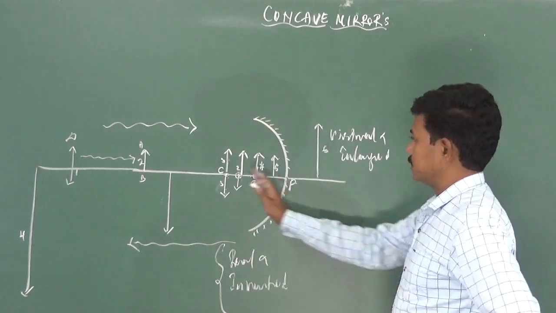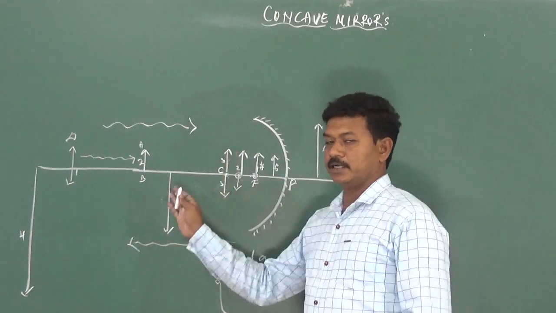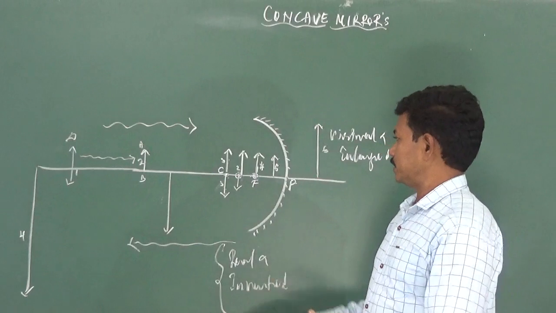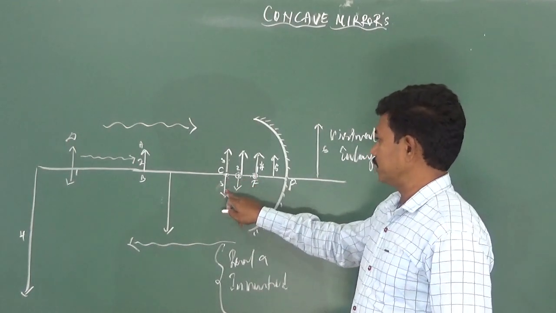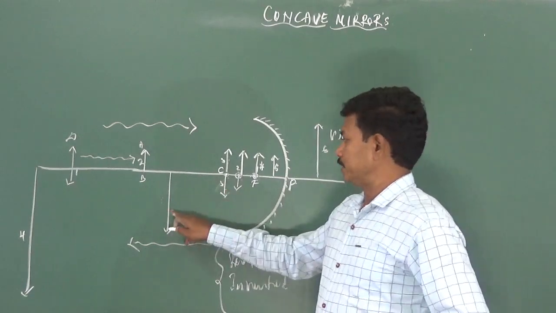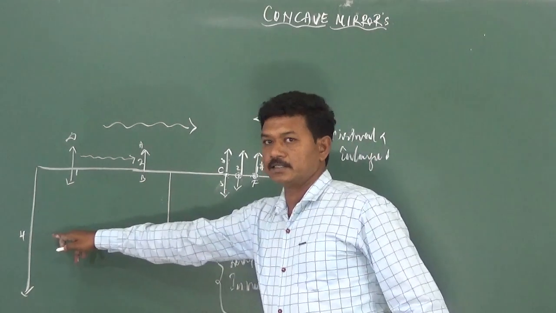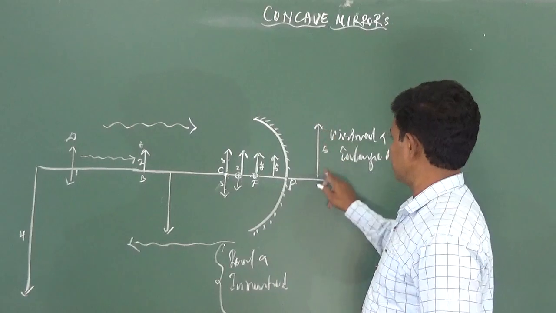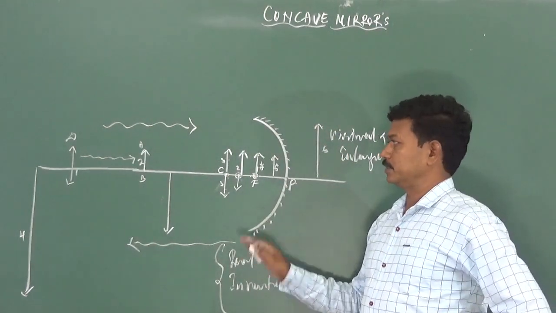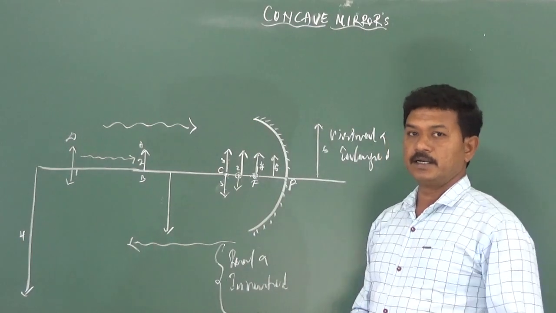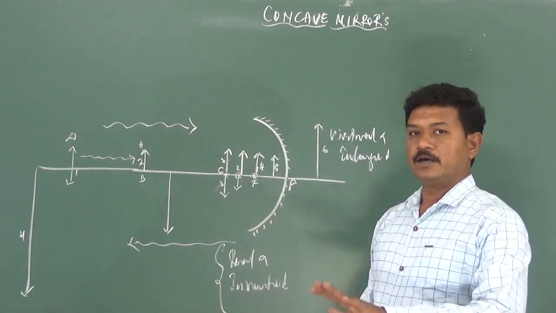In the other cases it is real and inverted, but at this point it is highly diminished, here the same size, and here highly enlarged. In this case it is virtual, erect, and enlarged. So this is the theme of the ray diagrams formed by the concave mirror.